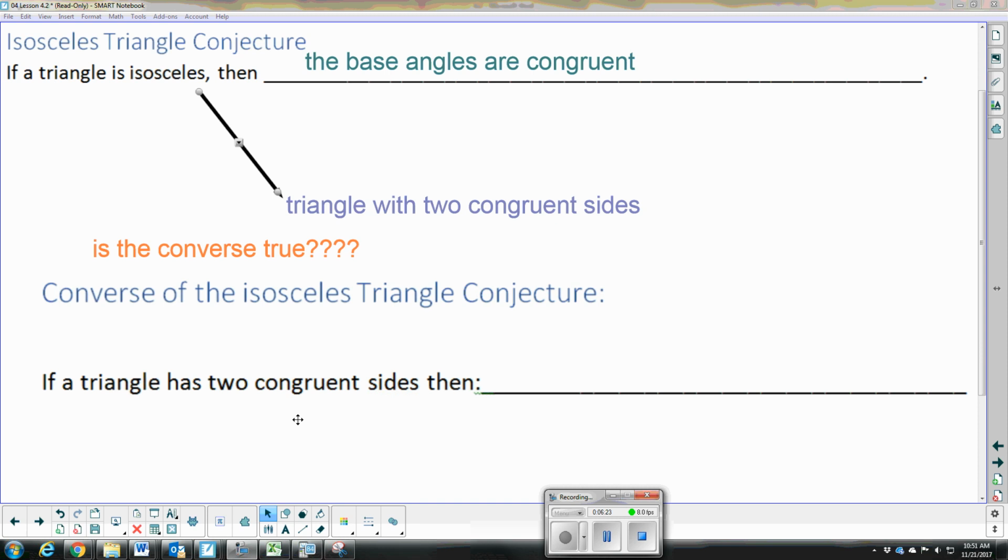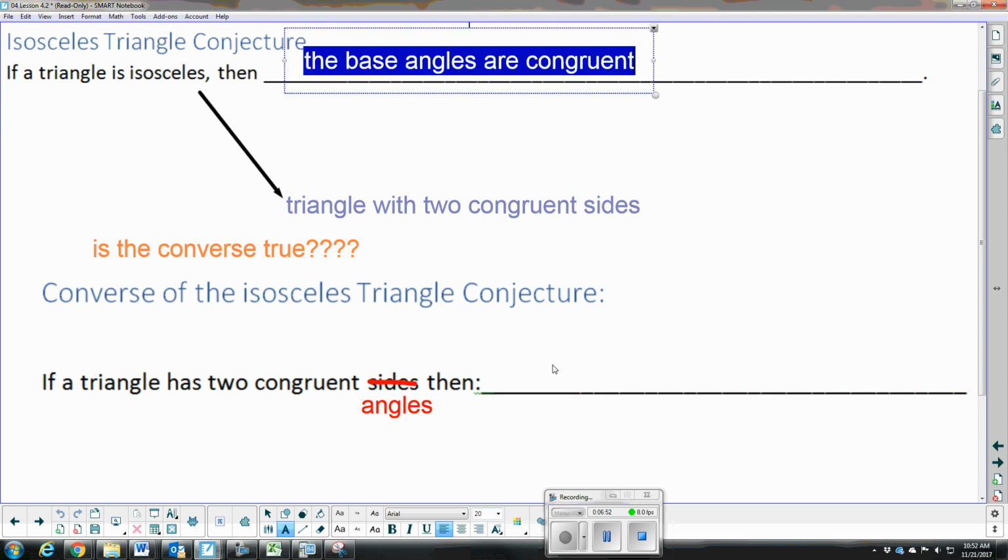So on your note sheet, it says if a triangle has two congruent sides, that is a typo. Please make this correction on your note sheet: it should say if a triangle has two congruent angles, then what do we know about the triangle? So the converse statement switches the if and the then. So if a triangle has two congruent angles, then the triangle is isosceles.